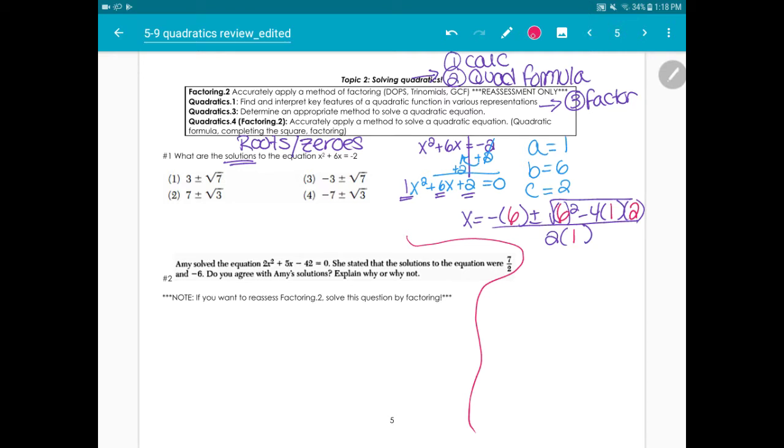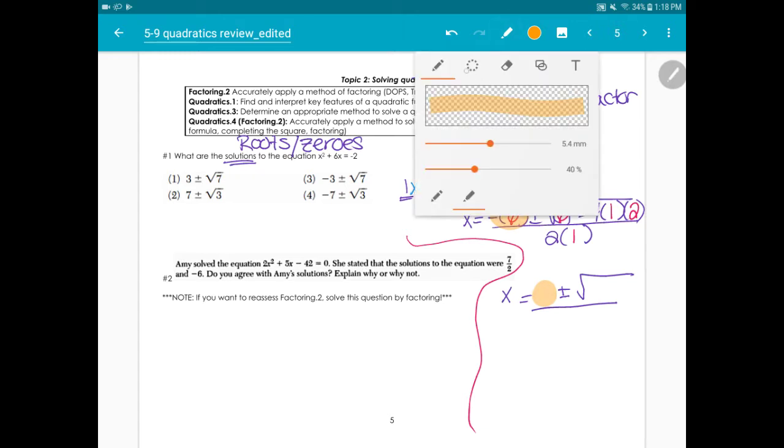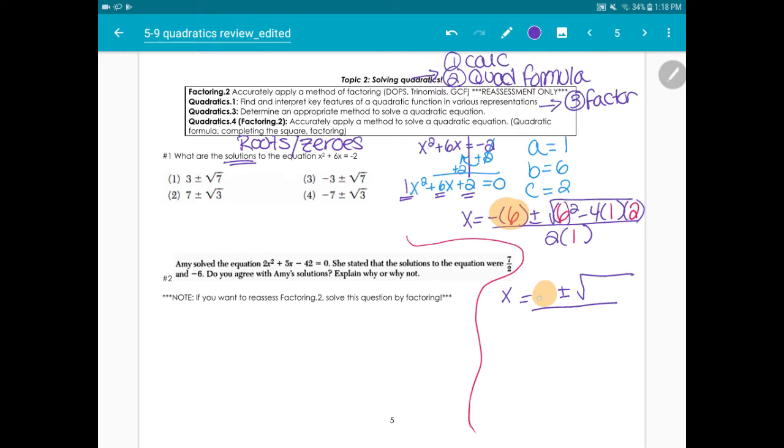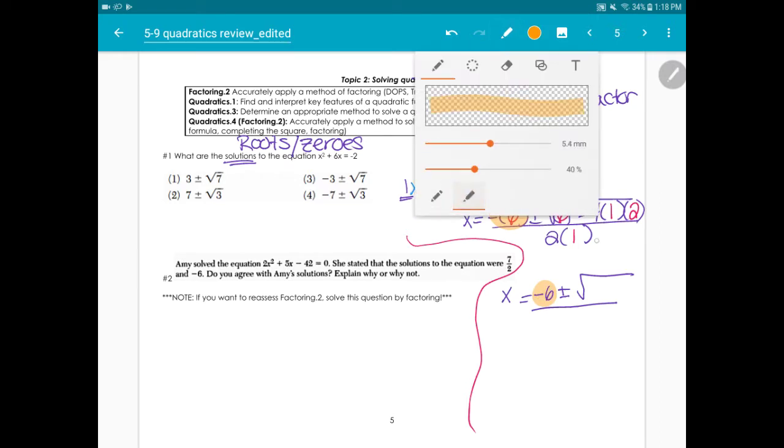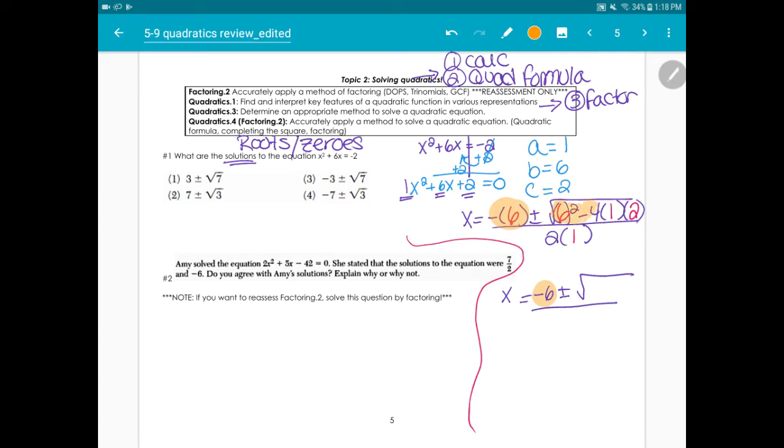So we're going to think of this as 3 parts. This is going to be part 1, and I'm going to do that in the calculator. Negative times 6 gets me negative 6. Now my second part is going to come from what's underneath the square root.